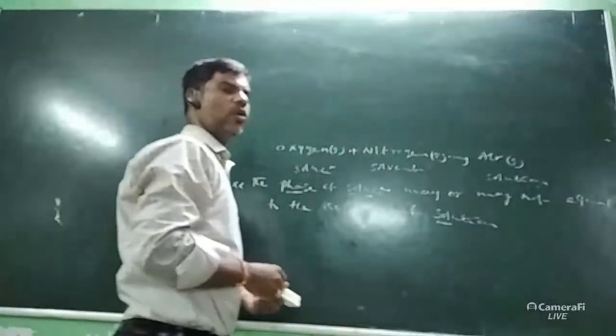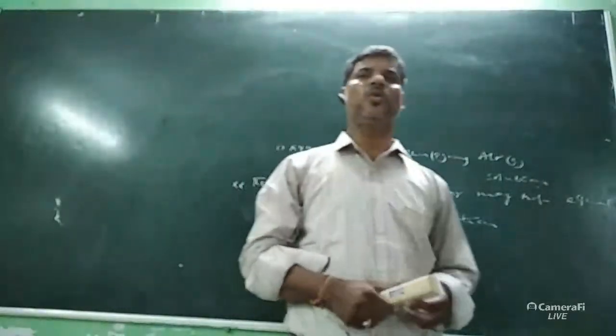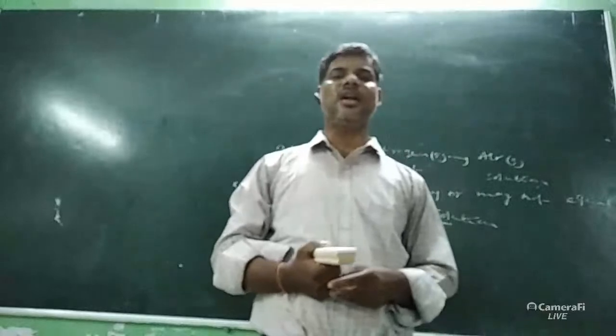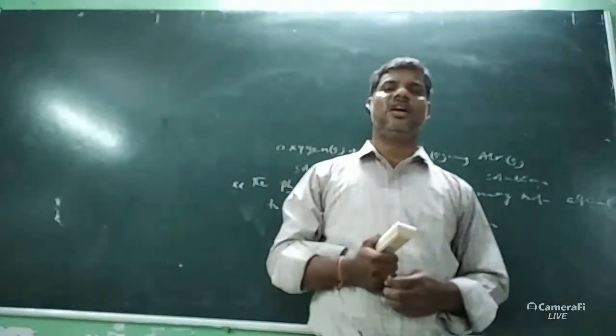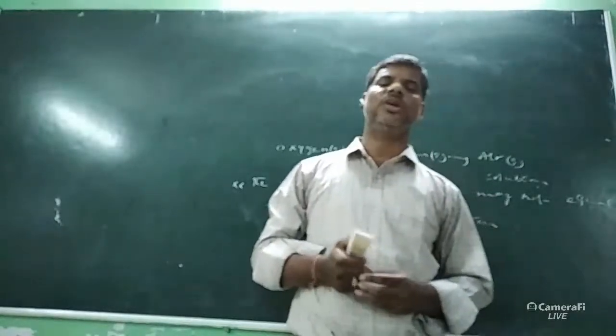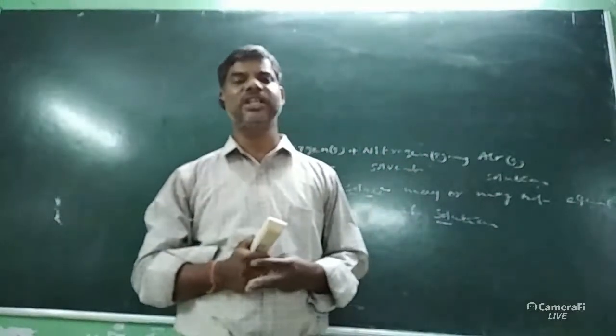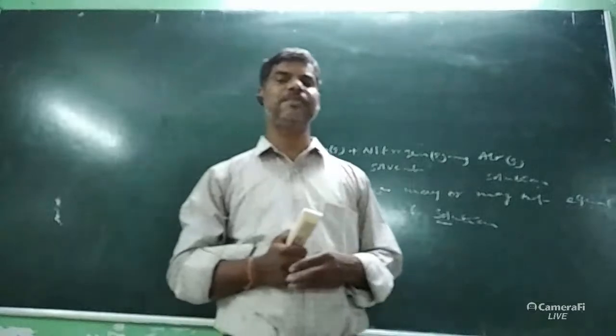So the homogeneous mixture of two or more chemically non-reactive substances is called a solution, and the constituents of a solution we can't separate by filtration, settling and similar actions.